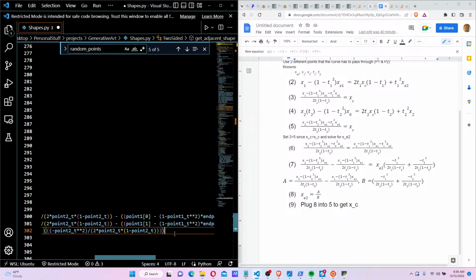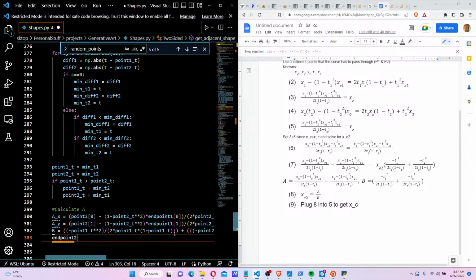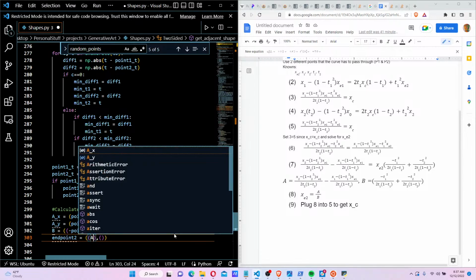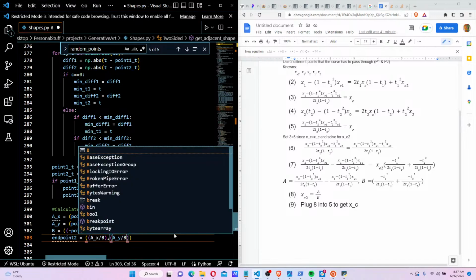And now we're gonna say endpoint 1. No, we have endpoint 1. Endpoint 2 is equal to, no, the first point is a sub x over b, and the second point is a sub y over b.